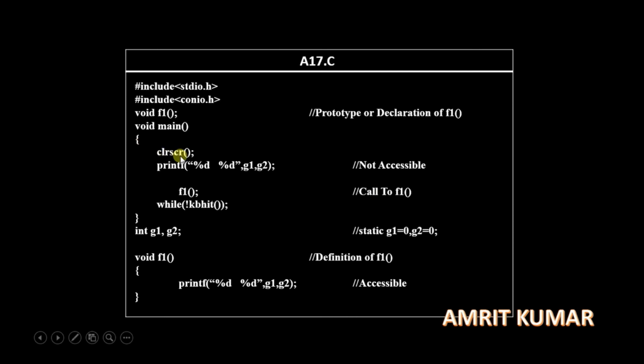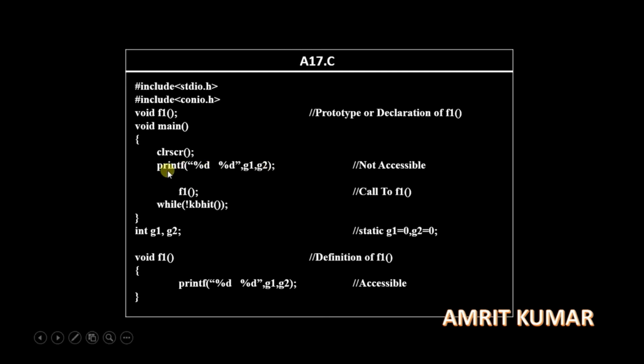After that we use the clrscr function, whose work is to clear the screen, and we use the printf function, whose work is to display whatever is in this content. Then I have used G1, G2. They are not accessible. Why are they not accessible?